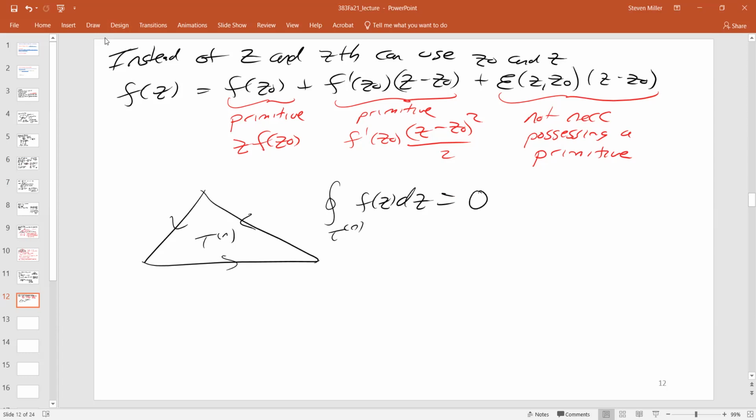That's just 0. What's the contribution of the z minus z naught term? Also 0. And now we're left with the integral over the triangle of the error function of z naught times z minus z naught dz. And we want to get a sense of how small this is going to be.